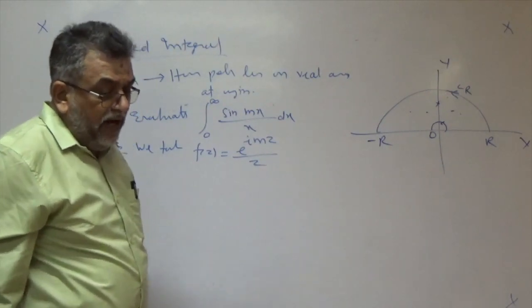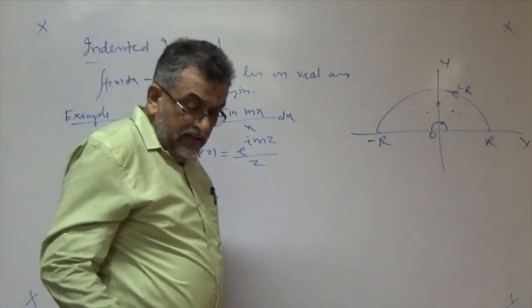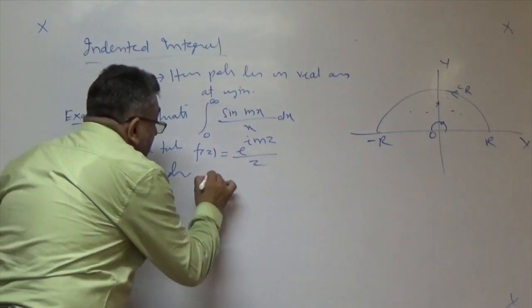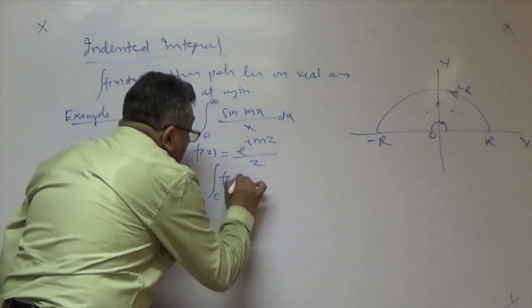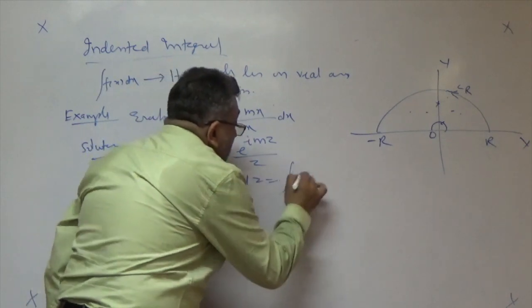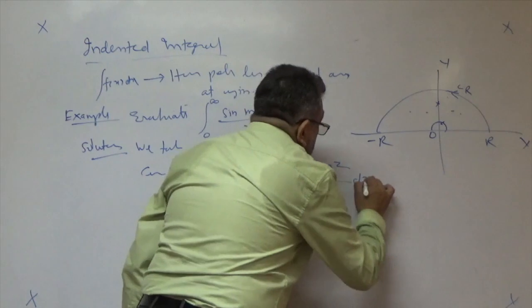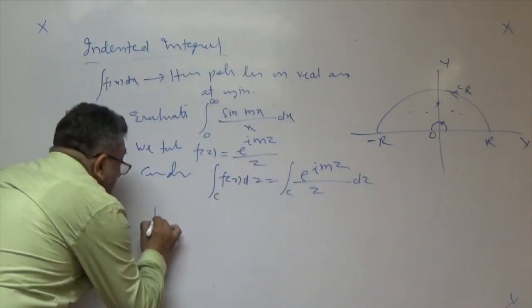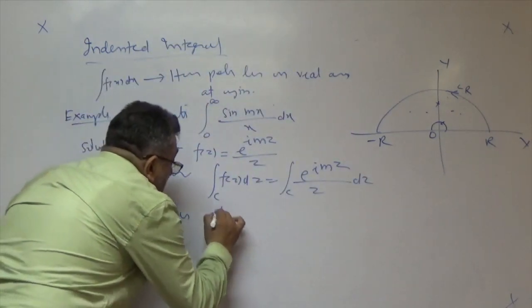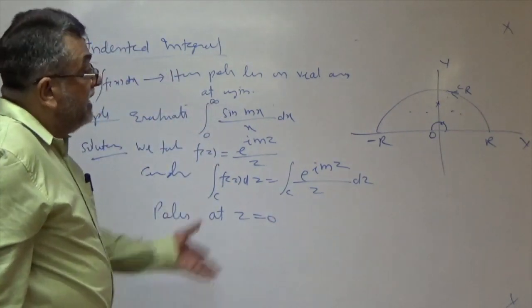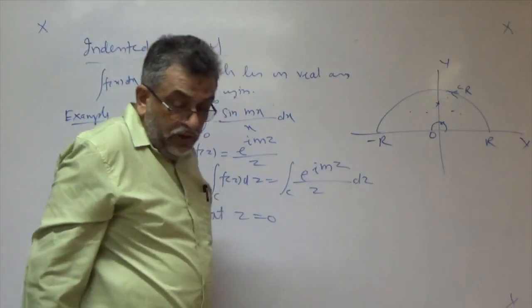For this integral, we have to take this one, right? Means now for this, consider the integral over C of f(z) dz, means the integral over C of e^(imz) upon z dz. So you see that here the pole is at z equal to 0, that is on the x-axis, that is the origin.